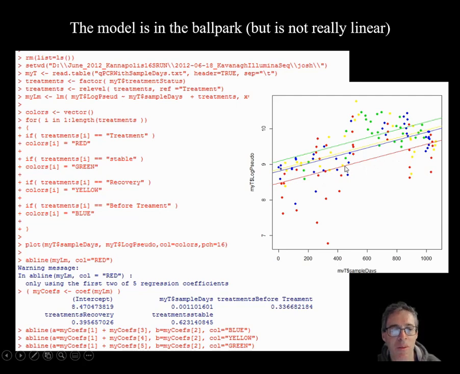And remember that in our 5-parameter model, there's only one slope. So all four of our regression lines representing the different categories have the same slope.